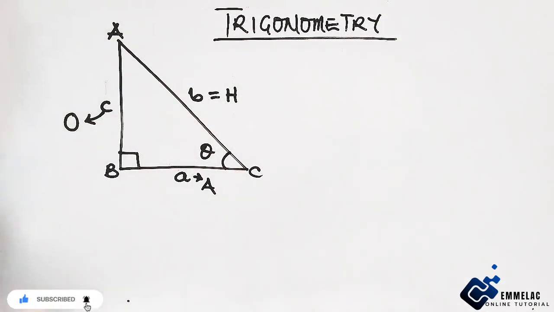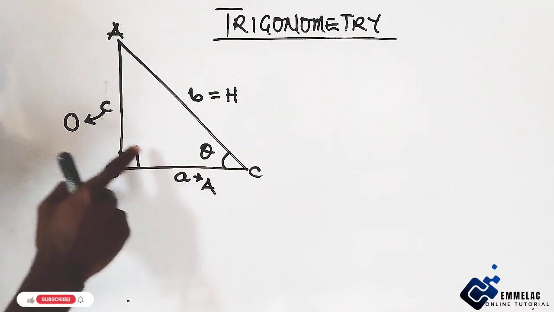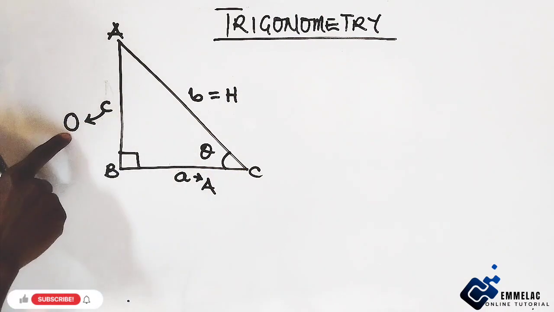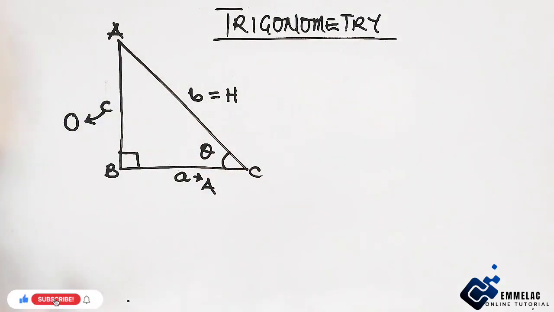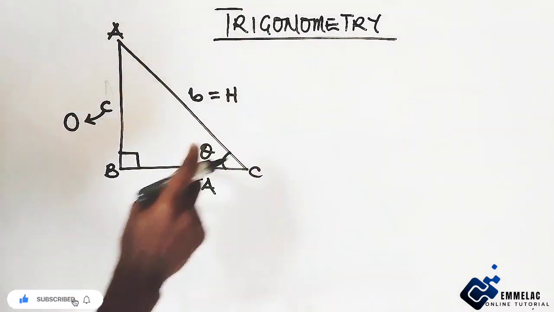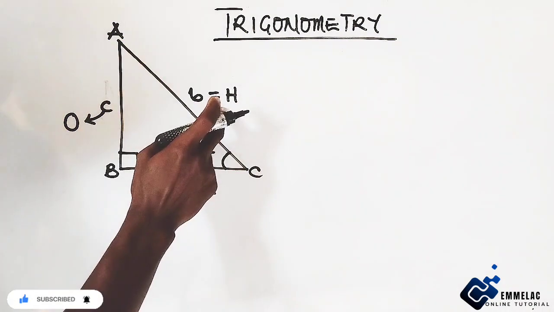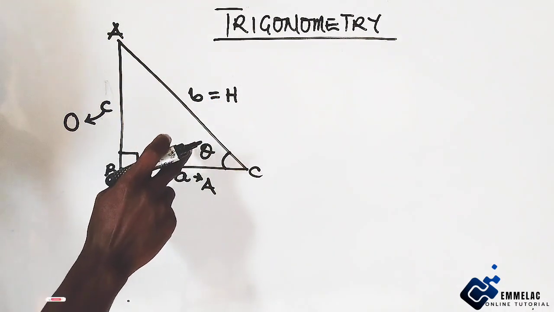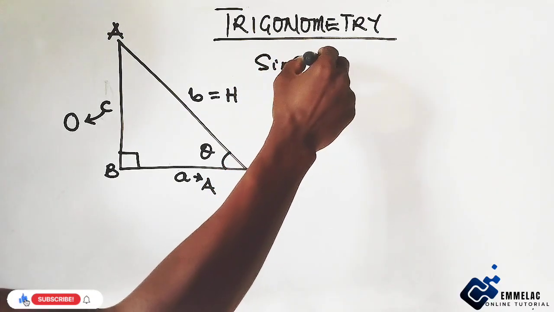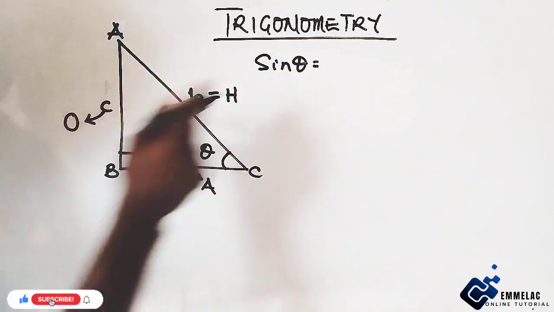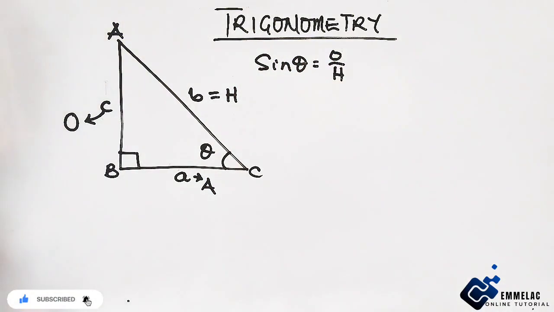The relationship between the opposite and the hypotenuse in relation to this angle is the sine. So here we have the opposite over the hypotenuse.